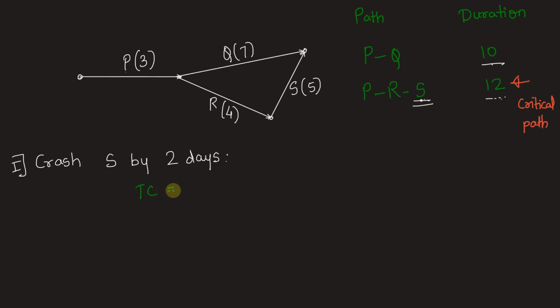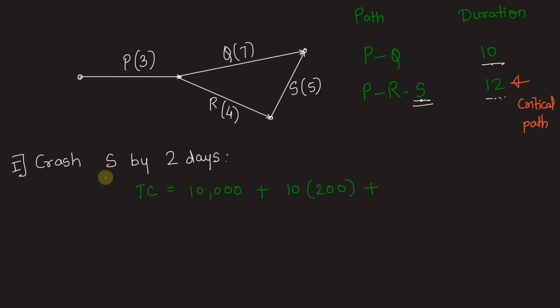Total cost will be direct cost, which is given as 10,000 rupees, plus the indirect cost, calculated as the number of days of project completion, that is 10 days, times cost per day, which is 200 rupees.